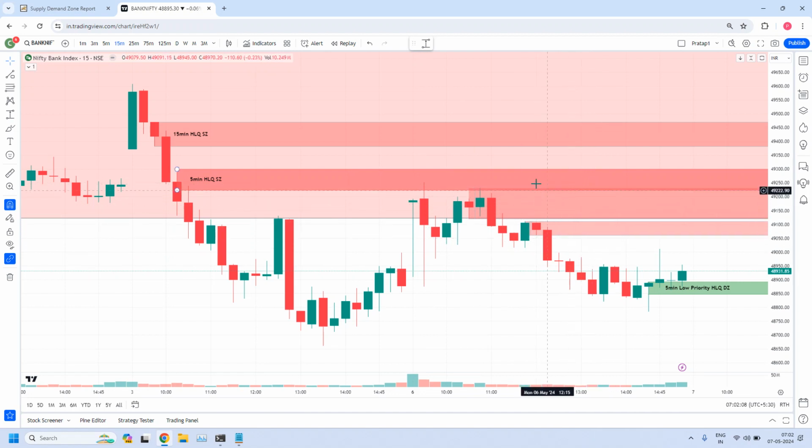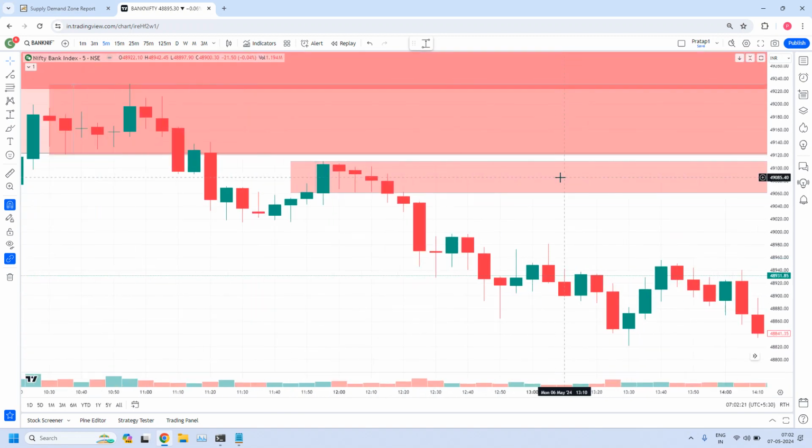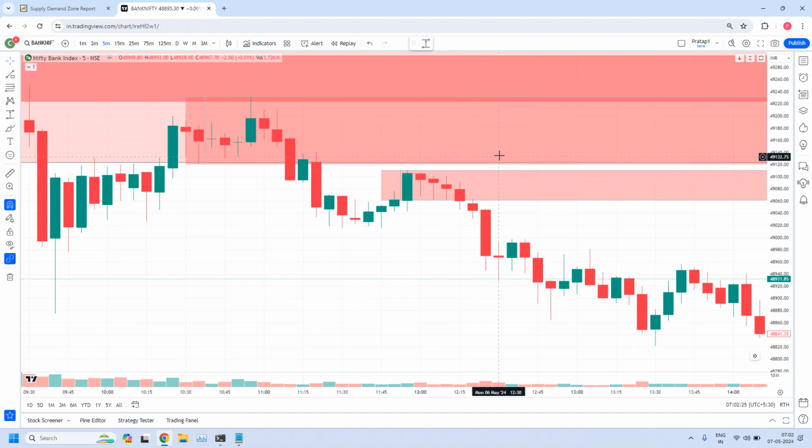Even before entering these areas, if the trend is strictly followed, probably the first 15 minute zone may give you a trading opportunity. This zone may be drop, base, drop, that way you can trade. Or maybe rally with 1, 2, 3, 4, 5 base candles and drop, that way also you can.